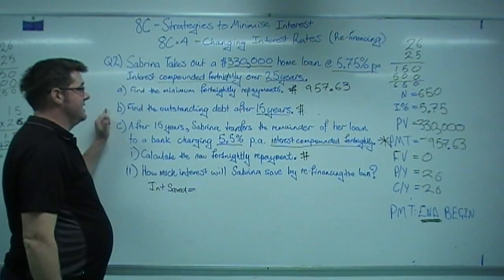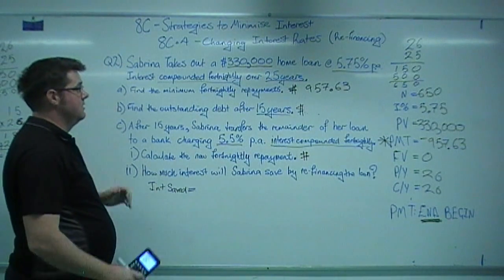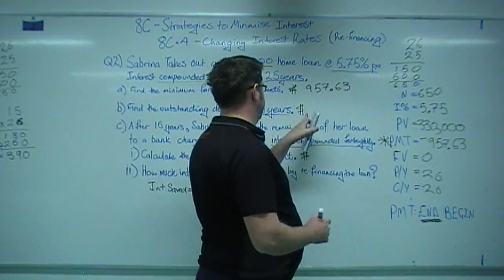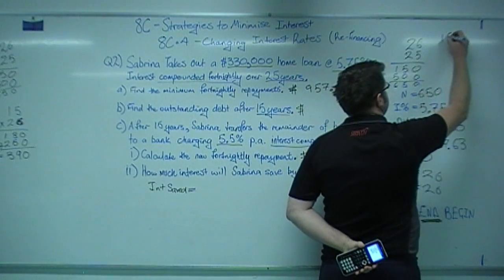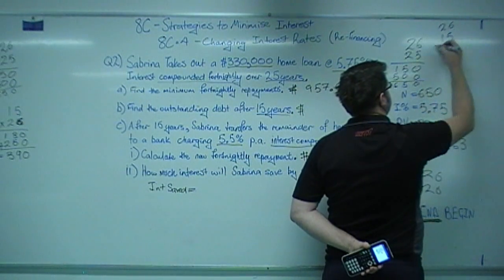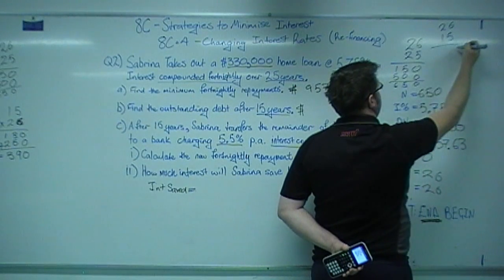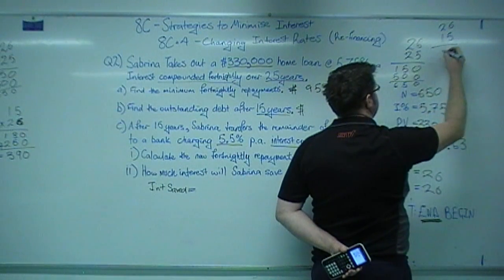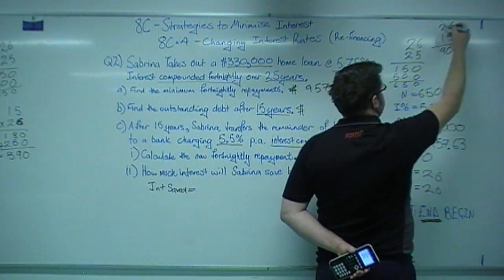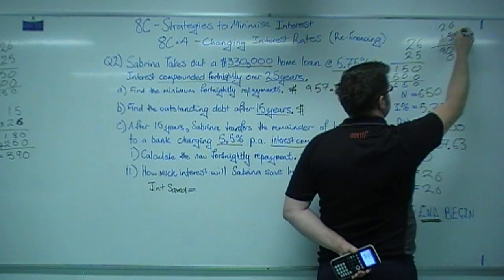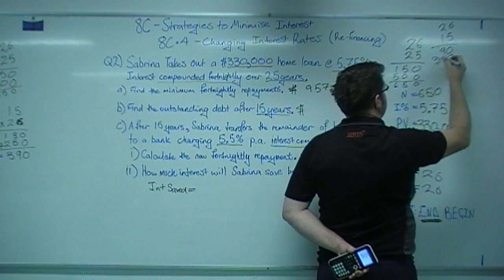So find the outstanding debt after 15 years. So we know that after 15 years, that will be 15, 26 lots of that. 6 lots of 15 is 90. 2 lots of 15 is 30.